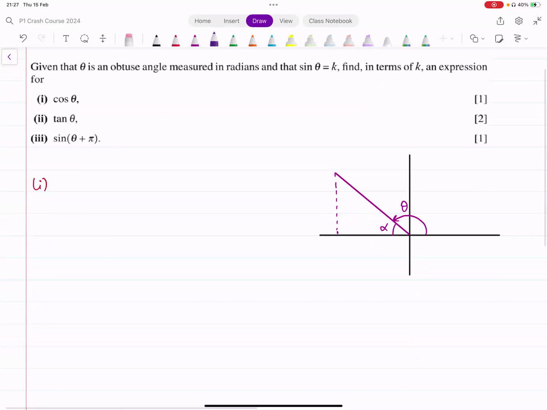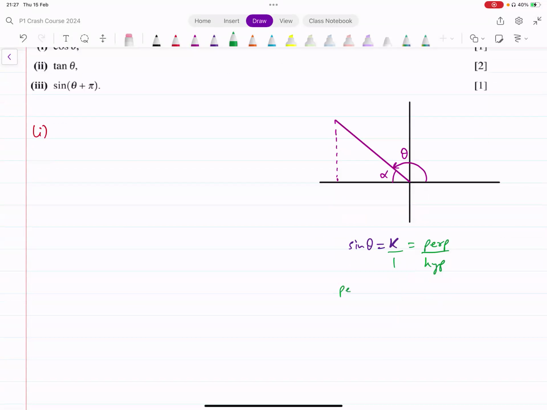Sine of theta equals k. How do we define sine? It's perpendicular over hypotenuse. K could be written as k over 1.